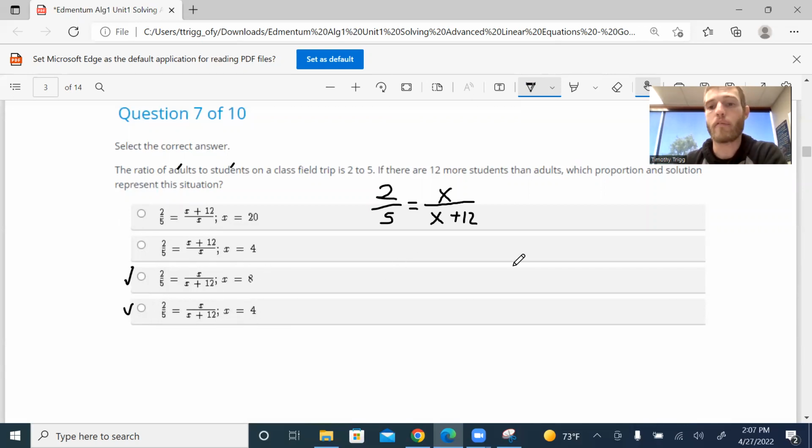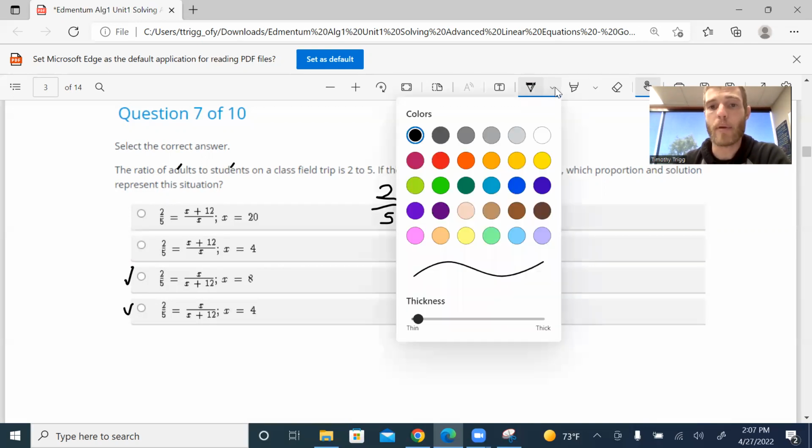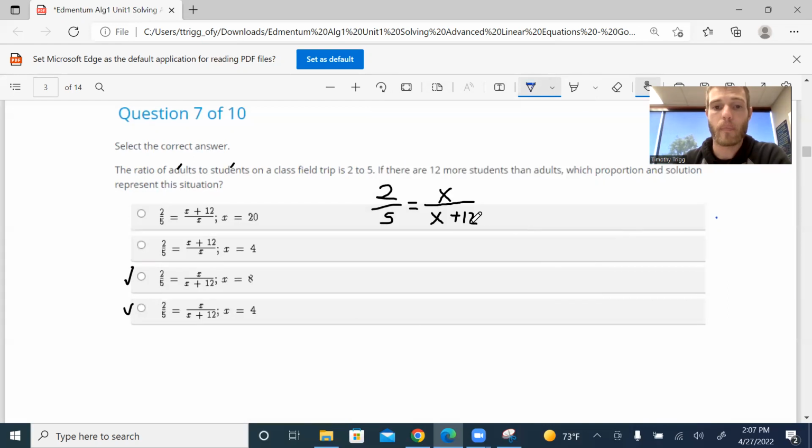So now we need to solve for X. What do we do next? Hopefully you see that we cross multiply here. So we're going to multiply across. 5 times X, that's 5X, equals 2 times the sum of X and 12.